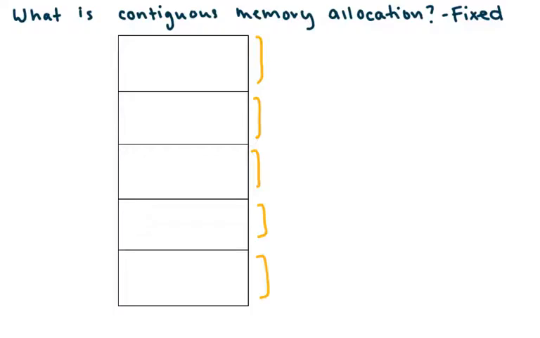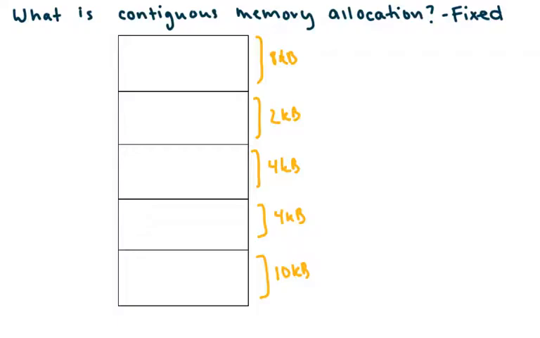For the sake of this exercise, let's say this one is 8 kilobytes. This one is maybe 2 kilobytes, 4 kilobytes, 4 kilobytes, and 10 kilobytes. These are fixed sizes, fixed at the very beginning of execution.